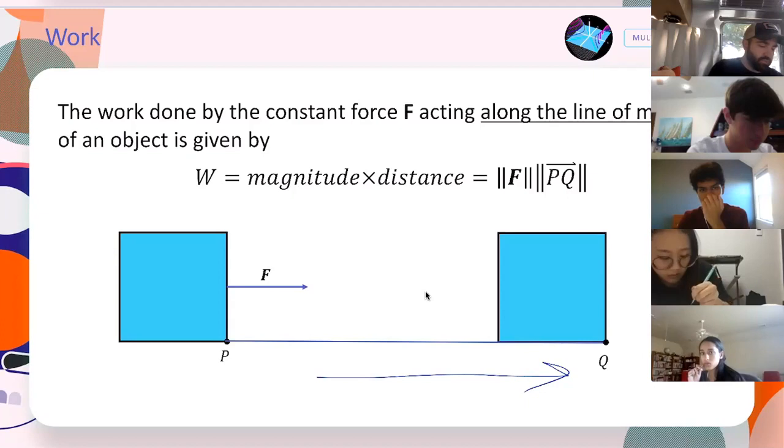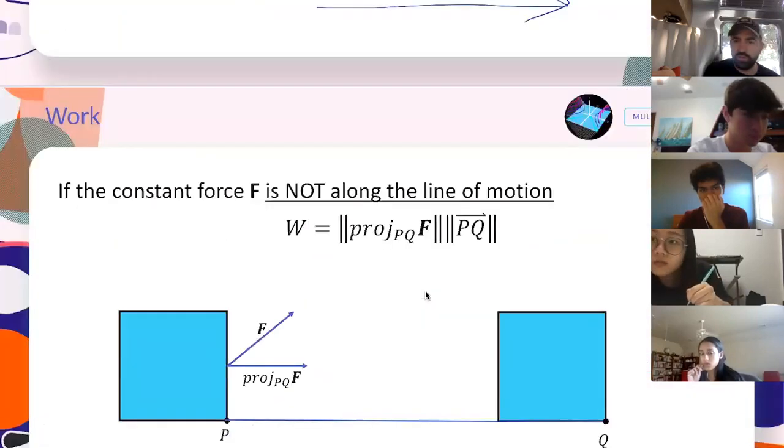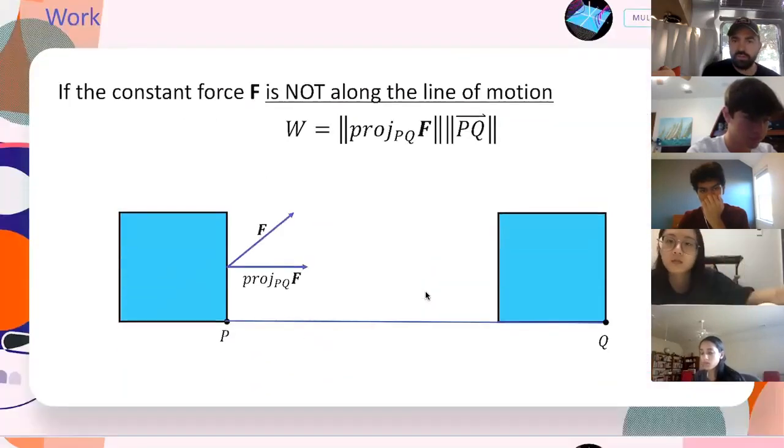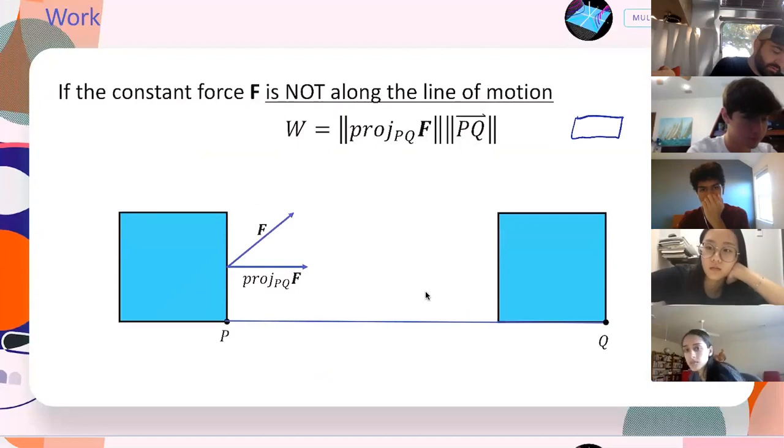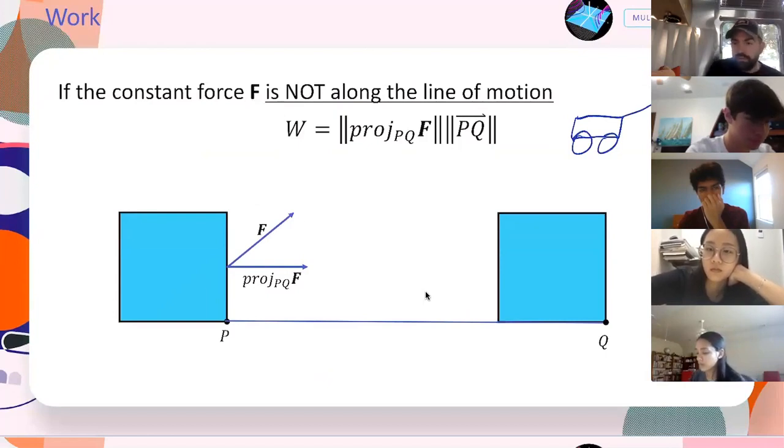Generally, we need a formula that can encompass more motion. So if the force is not necessarily along the line of motion, like picture a wagon. Like if you're a kid and you have a wagon and the handle's up here, generally when you're pulling the wagon, you're not pulling it horizontal or parallel to the motion of the wagon. It's got a little hinge on it, so you're able to pull it at different angles.